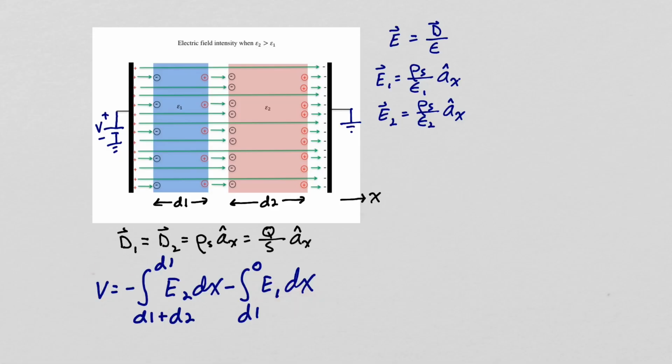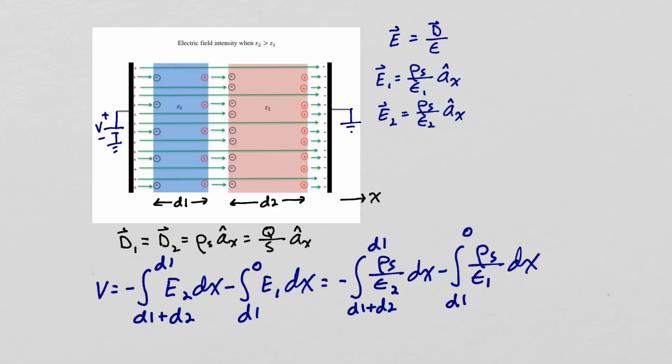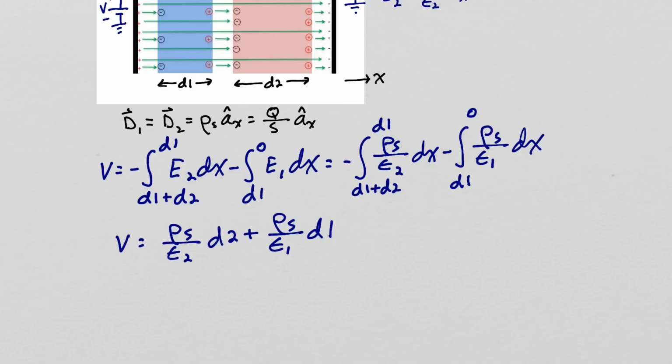We'll substitute rho sub s over epsilon sub 1 for E sub 1 and rho sub s over epsilon sub 2 for E sub 2. Performing these two integrations, we get this expression for our voltage across our capacitor.